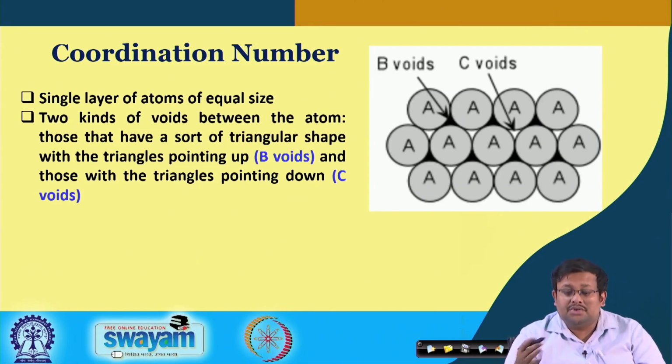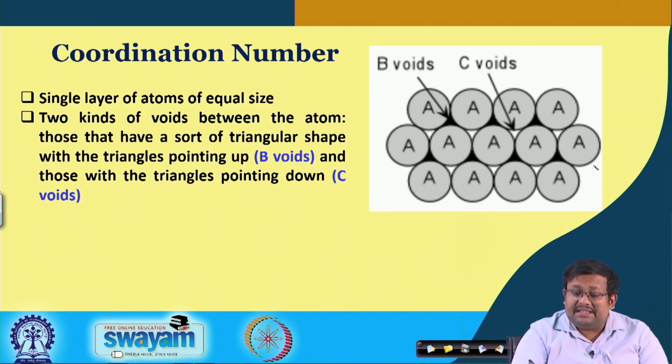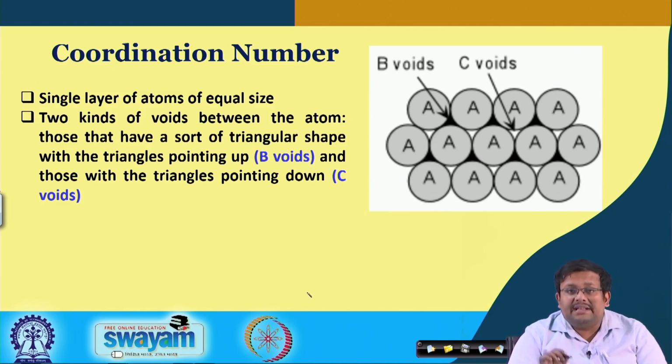So, before discussing those two ways, let us discuss another important point, that the single layer of atoms of equal size, which we have seen in the last slide. Let us assume this is a single layer, and these atoms are denoted by A. Then two kinds of voids are present in between these atoms.